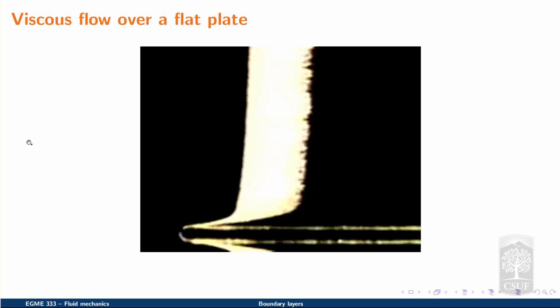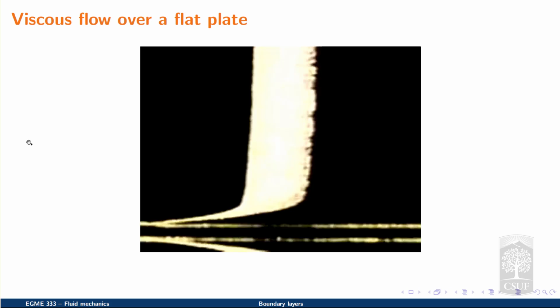As the flow continues to propagate further and further downstream, the flow near the surface of the flat plate experiences a slower velocity than the fluid further away from the flat plate. As the flow propagates downstream, the fluid that is further away in the vertical direction from the surface of the flat plate experiences a higher velocity than the fluid that is closer to the surface of the flat plate.